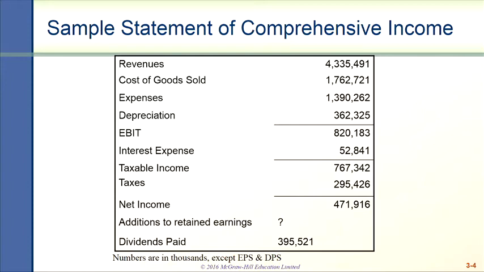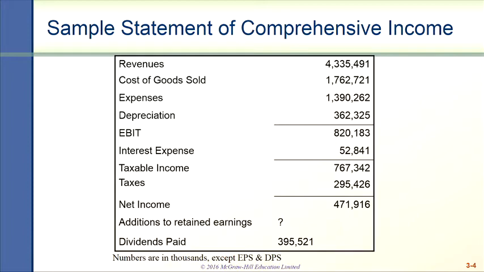And we subtract that from the taxable income, we get our net income of 471,916. Now if we're told, for example, in this scenario, that the dividend paid is 395,521, and we're asked what the addition to the retained earnings is, this is simple.